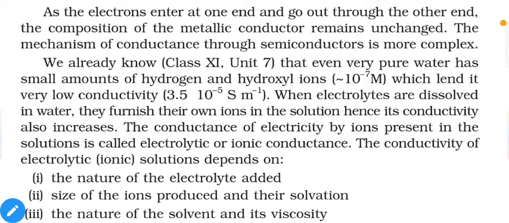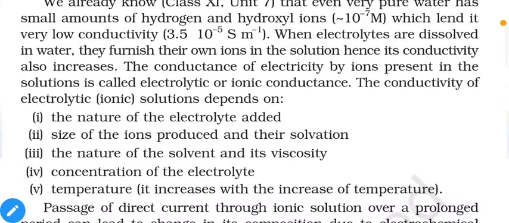When electrolytes are dissolved in water, they add their own ions, so the conductivity will increase. The conductance of electricity by the ions present in the solution is called electrolytic or ionic conductance, and it depends on the nature of the electrolyte added, the size of ions produced and their solvation, the nature of the solvent and its viscosity, the concentration of the electrolyte, and temperature. It increases with an increase in temperature.